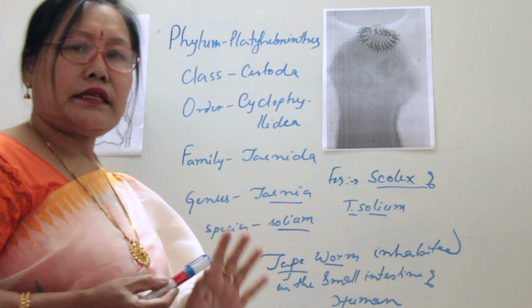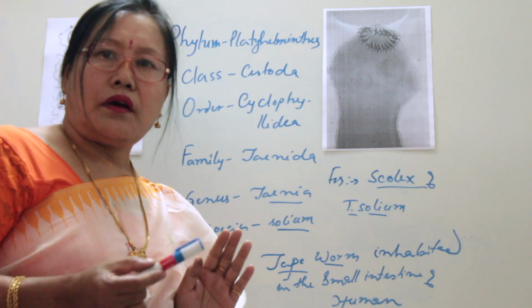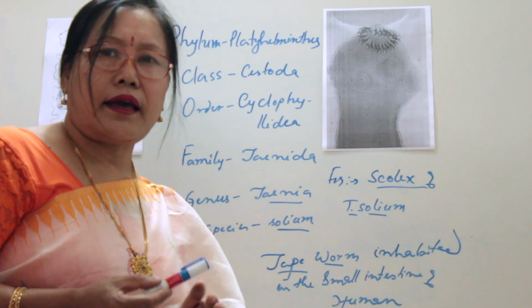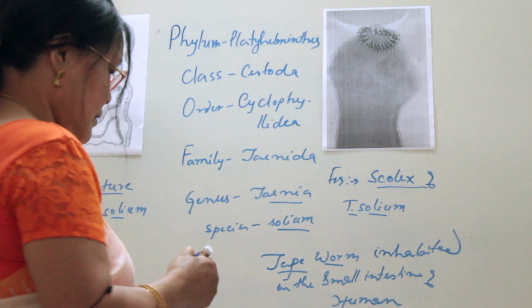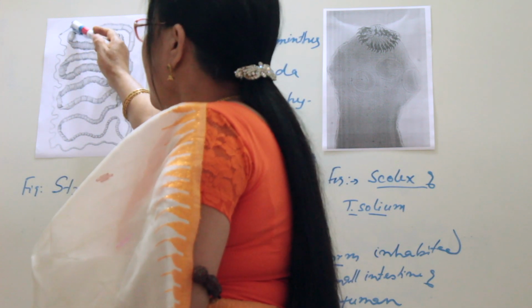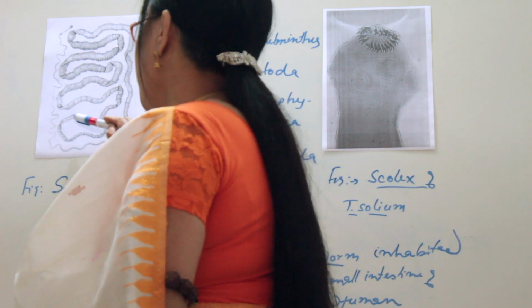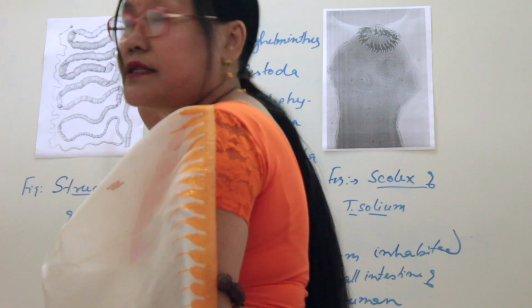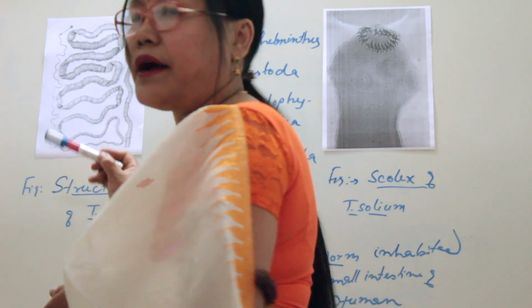So, the structure of Taenia Solium is divided into three parts: the scolex or head, next the neck, and the last part the strobila. Again, see here is the head, this is the neck, and this long, thin, tape-like structure is the strobila. From the neck to the end of the worm is the strobila.